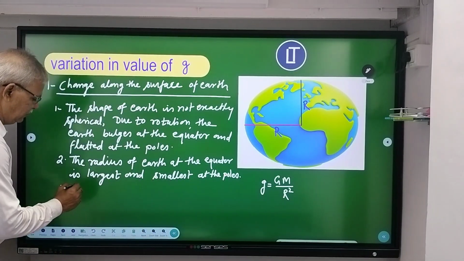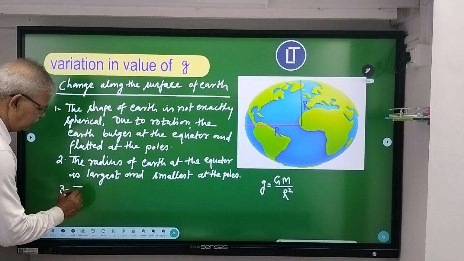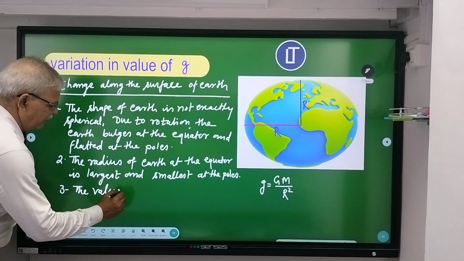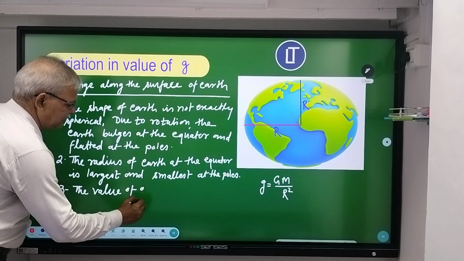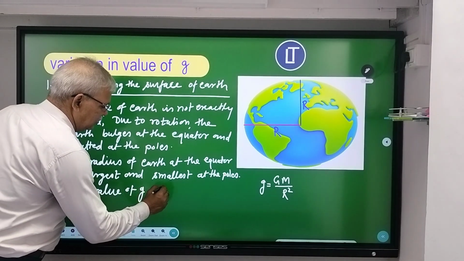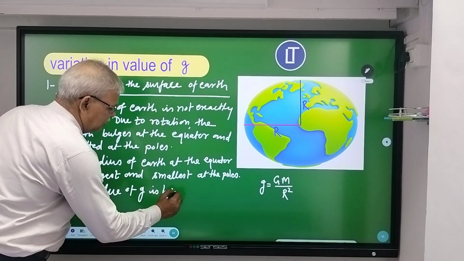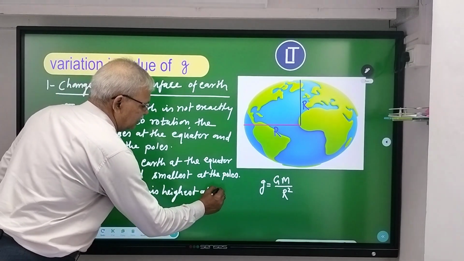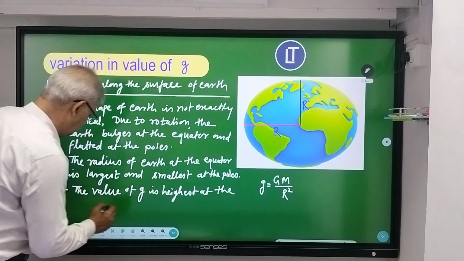Therefore, the value of G is highest at the pole.